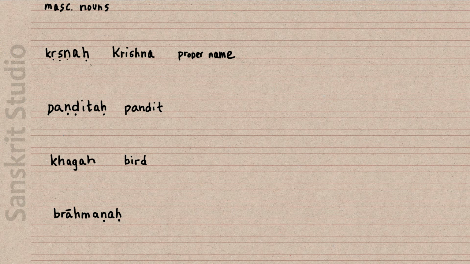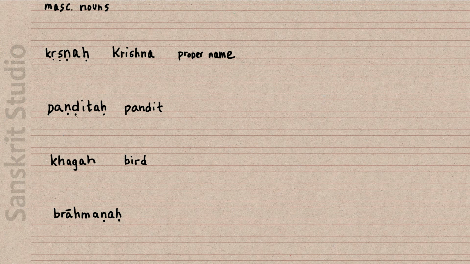So we have a couple of new things there. If we look at kṛṣṇaḥ up here, we have the retroflex N, which I don't think we have introduced so far in the course, which we will see how that looks in Devanagari.